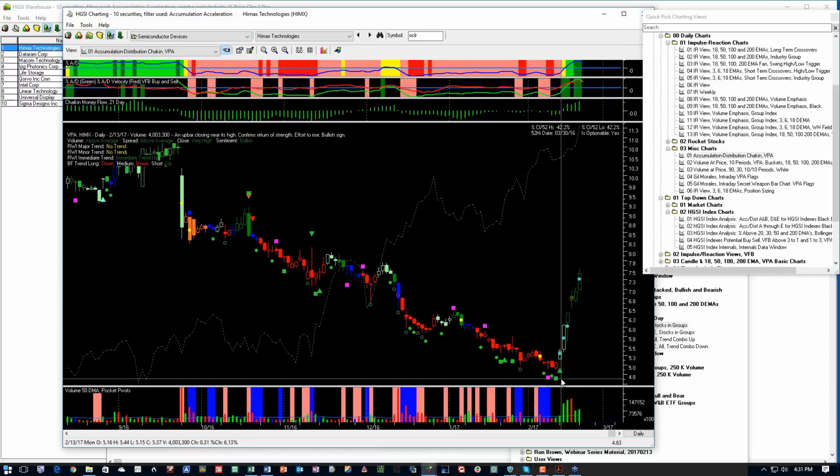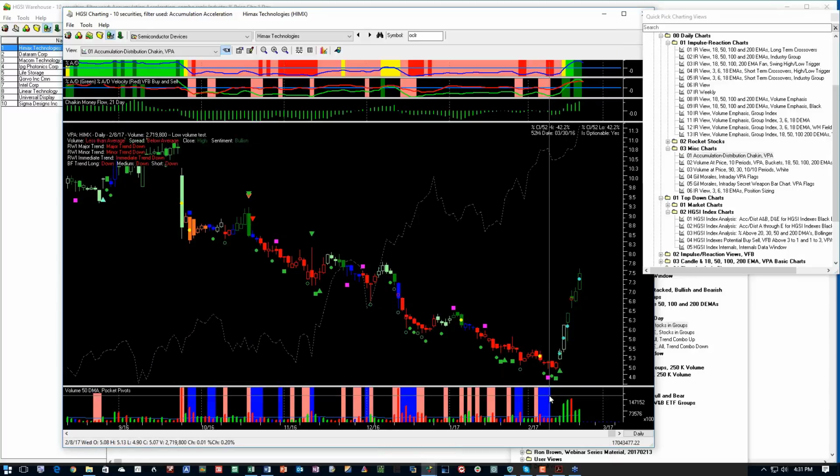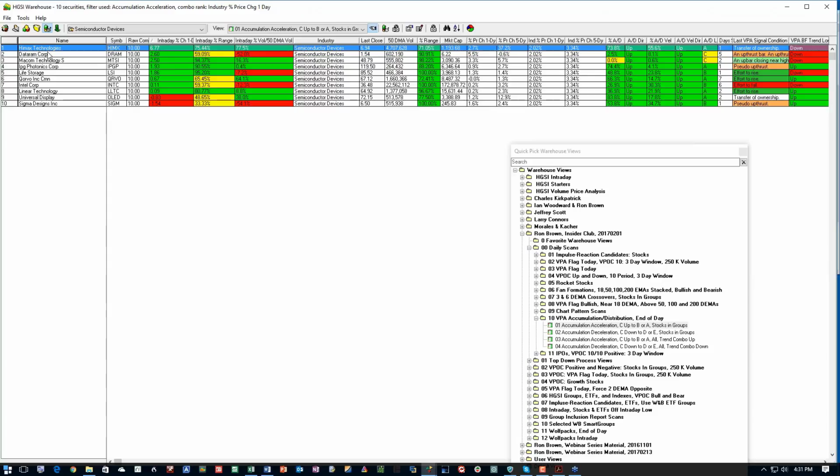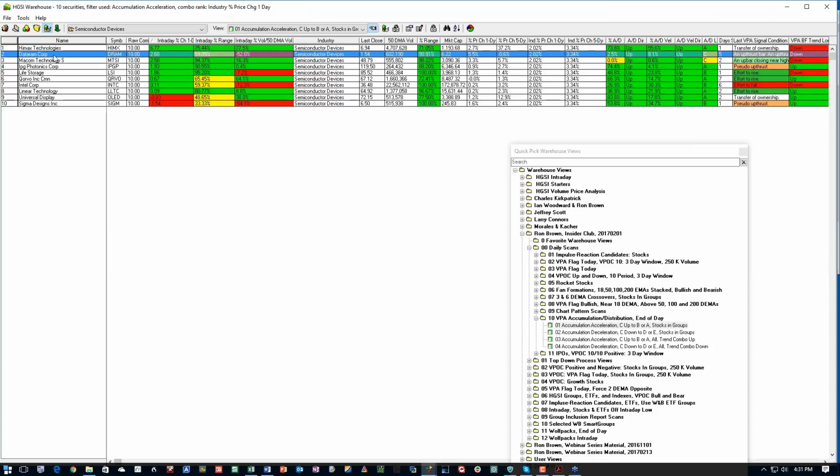I don't know what happened, but here's the effort to rise. The pocket pivots actually started occurring back in here, several VPA flags, and it took off. I had no idea that this stock was on the move. Usually we don't look at these stocks, but what I'm showing you here is just another view when accumulation is changing.